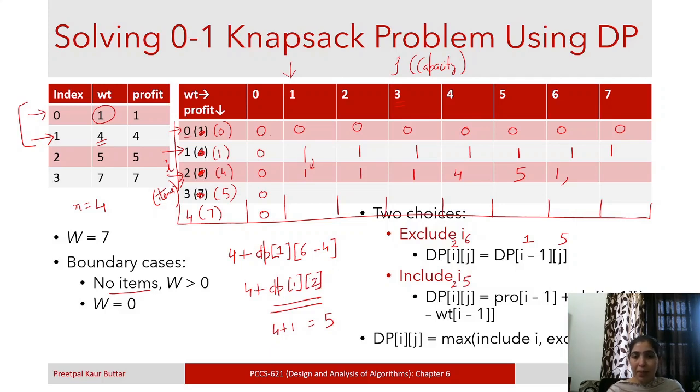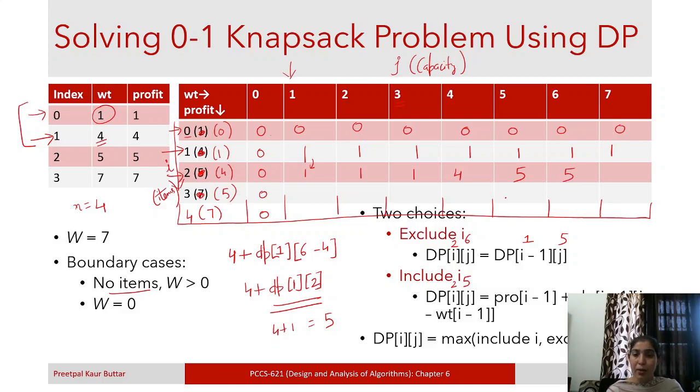By looking at the previous item. Okay, so 1 comma 2. 1 comma 2 is 2. Okay, so 1 comma 2 is not 2, it is 1. Okay, so 4 plus 1 is 5. So you will pick this item.